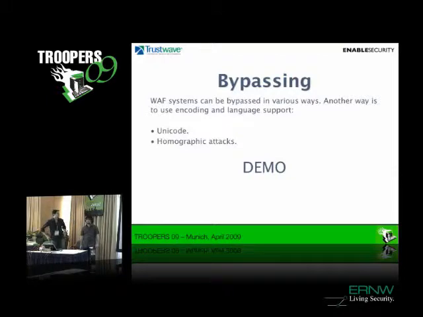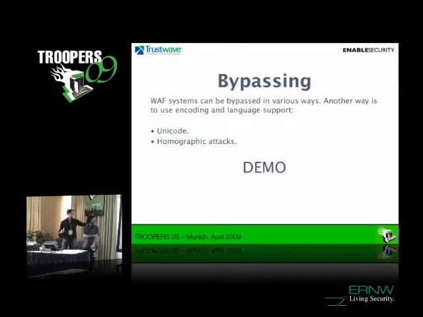Another common attack is homographic attacks, where, for example, if the web server supports other language support, like Portuguese, where we have accents in some common characters, you can use these accents to bypass the web application firewall.